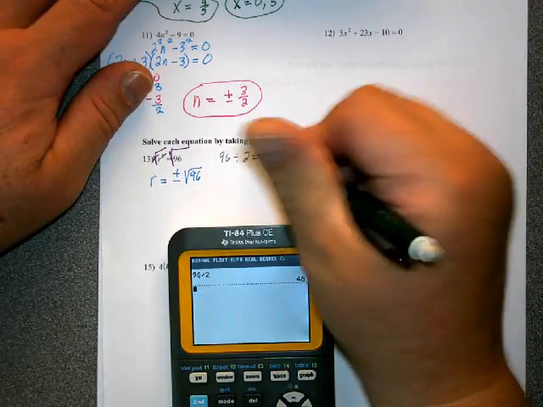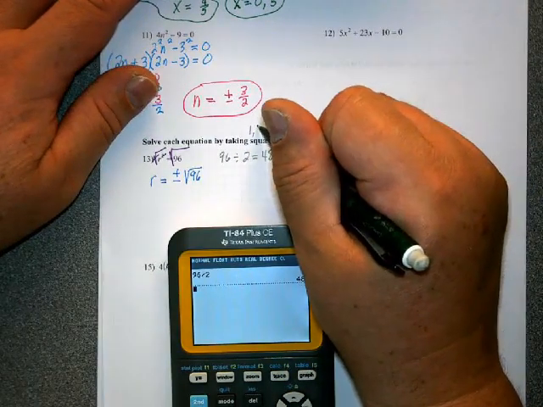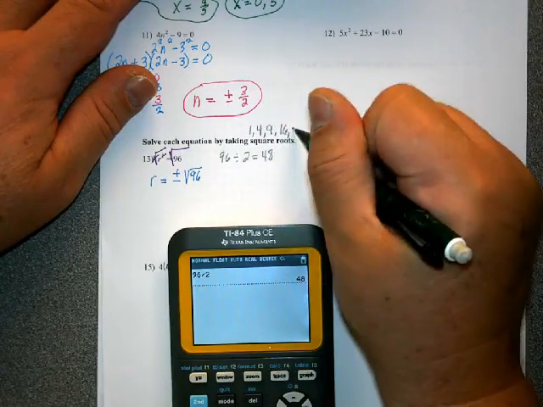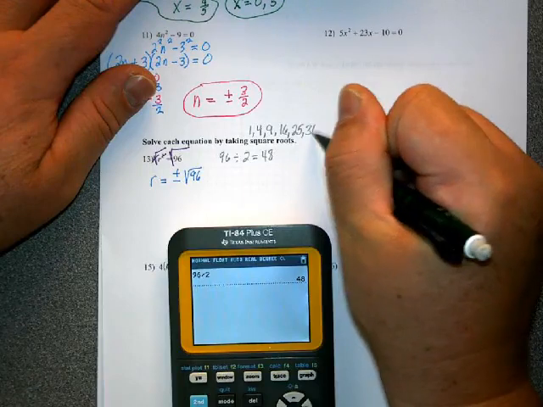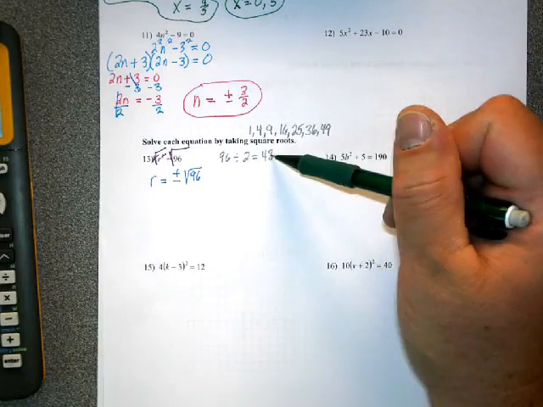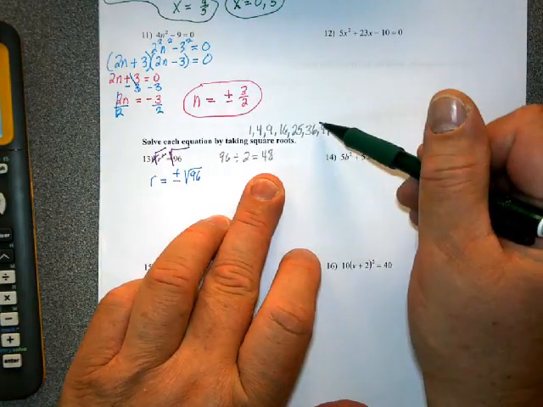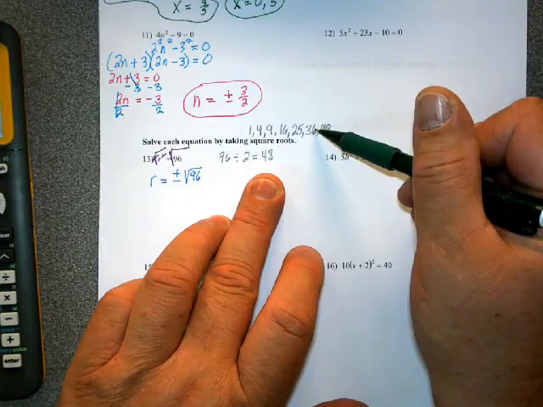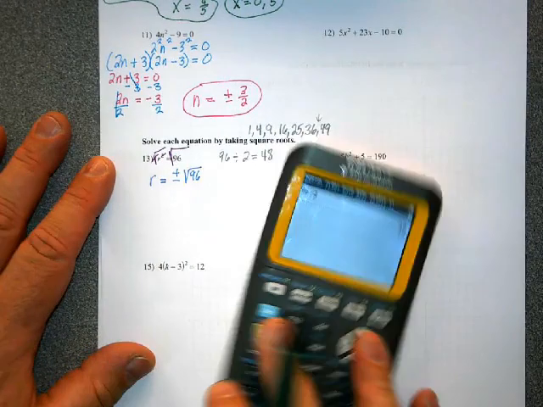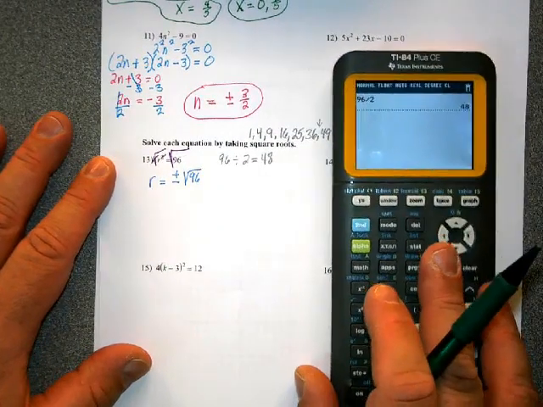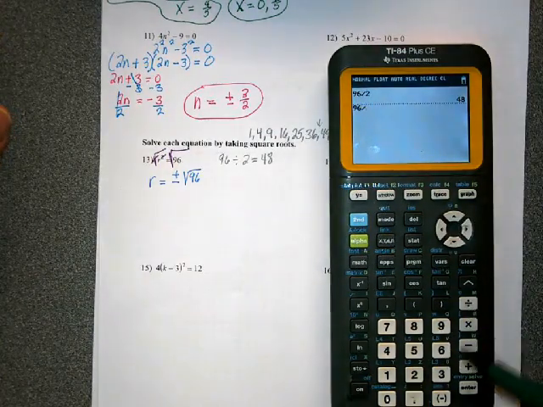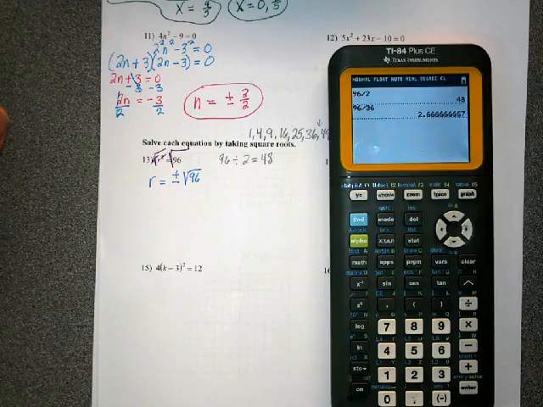So 1 squared is 1, 2 squared is 4, 9, 16, 25, 36, 49. So after I divided it by 2, I'm going to start with the next lowest perfect square, which is 36. So I'm going to take 96 and start dividing it by those perfect squares. So 96 divided by 36 gives me a decimal, so 36 doesn't work.